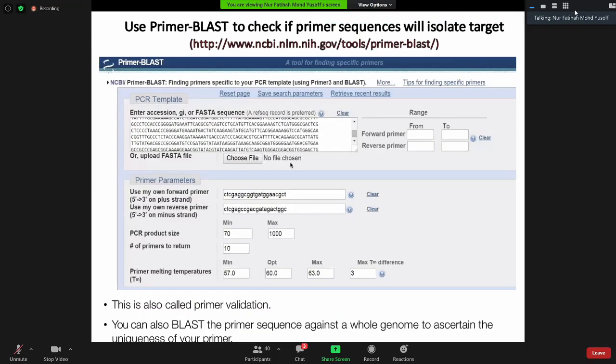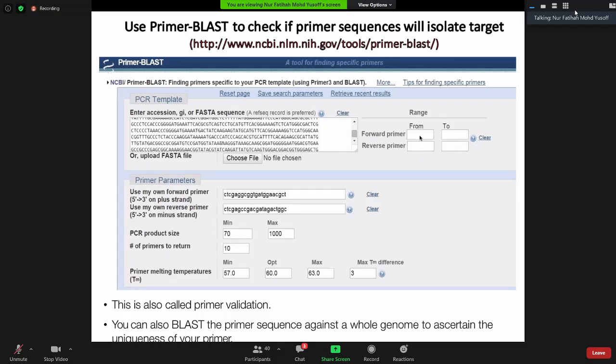So this is an example of a PCR primer program that you can use. Here, we shared on Primer-BLAST. It's quite easy to use. You just need to key in the sequence and then you can decide the range from the position of the template sequence.